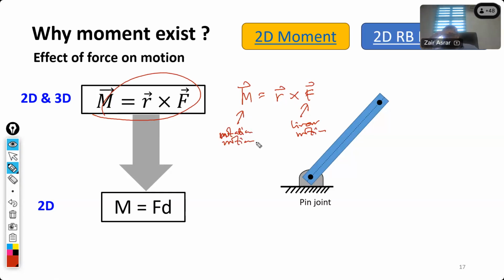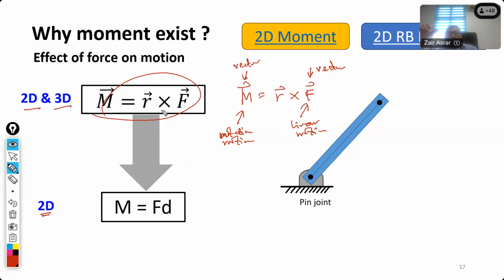Since force is a vector quantity, moment itself is also a vector quantity, which means moment has a magnitude and direction attached to it. This is in a general sense. This is the equation that we can apply for the 2D and 3D case. Let us start with the 2D case first.